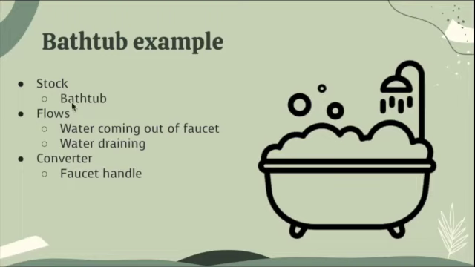So our stock, our bathtub, is going to fill up with water as water comes out of the faucet. The direction and magnitude of our flow is going to be whether the tub is receiving water or draining water or both, and how quickly both of those processes are happening is going to affect the level of water in our stock. And our converter, the faucet handle, is going to control how quickly water is coming out of that faucet.